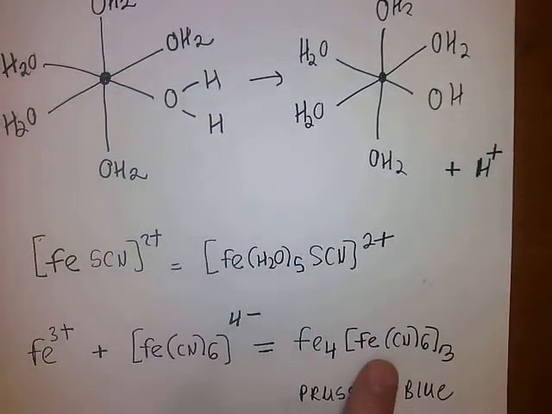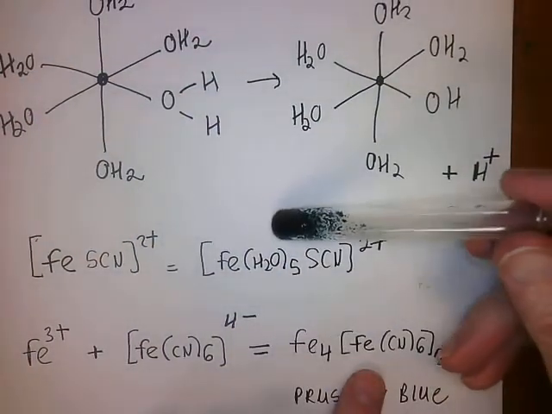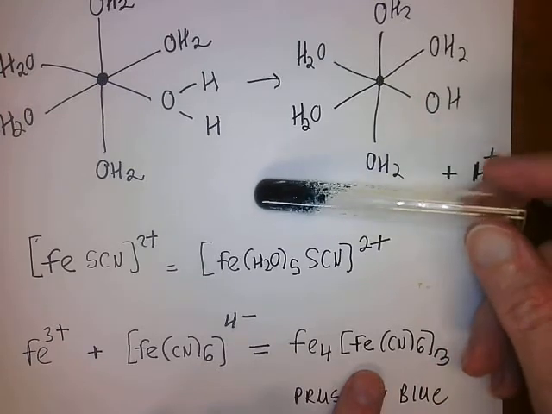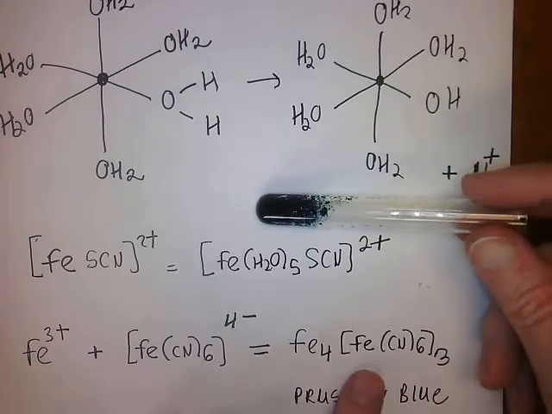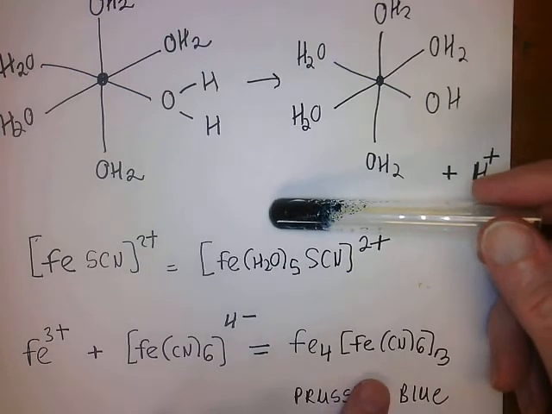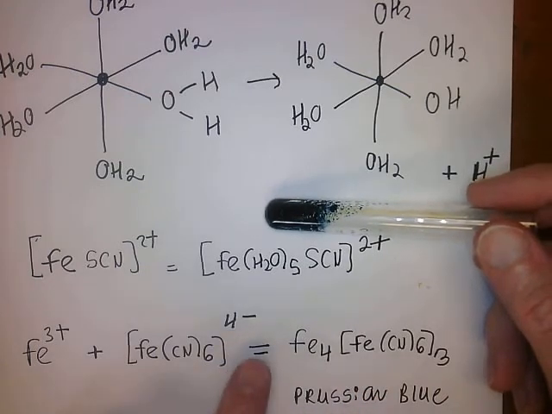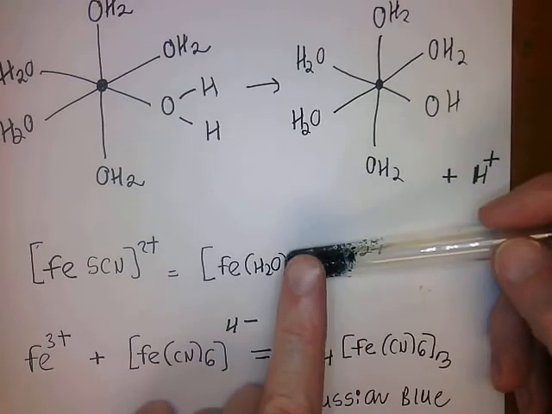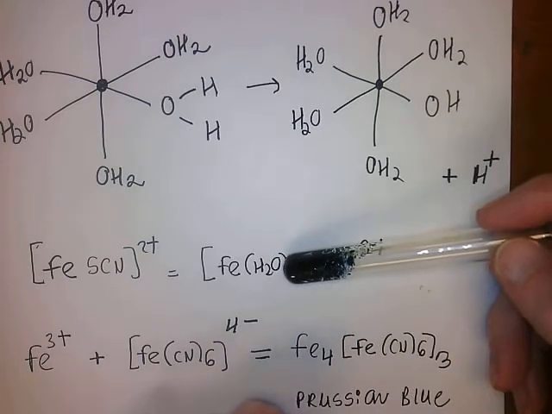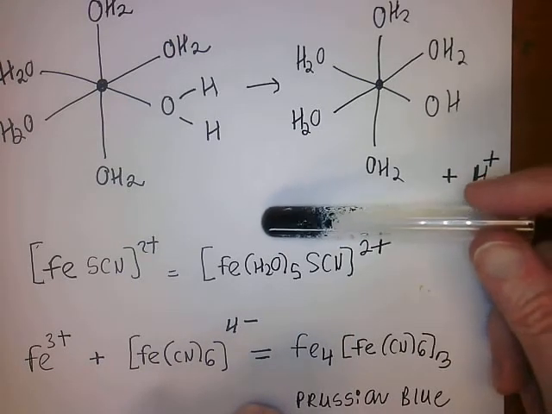So how did I get this formula? Because we are producing a precipitate, we can't write a formula with a charge. A precipitate can't have a charge. A precipitate has to be a neutral compound.